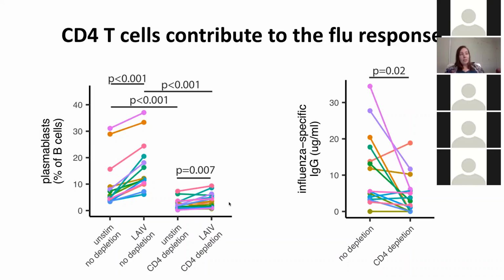What was surprising to us, however, is that even when we depleted the CD4 T cells, a substantial proportion of the cultures were still able to produce some flu-specific IgG. So this was very puzzling to me, but we were able to go back and tease this apart a little bit.